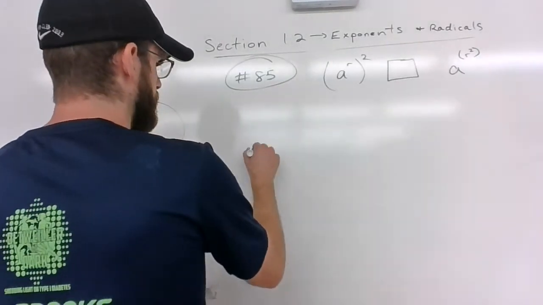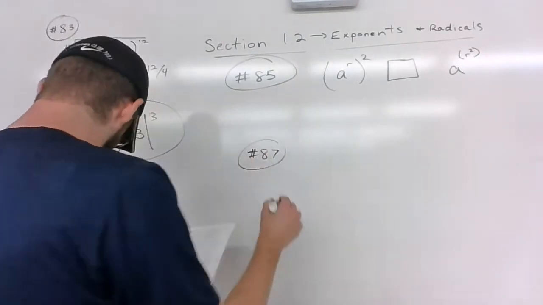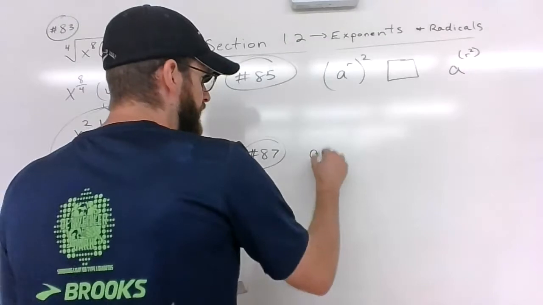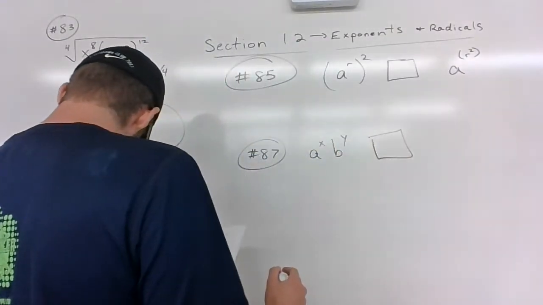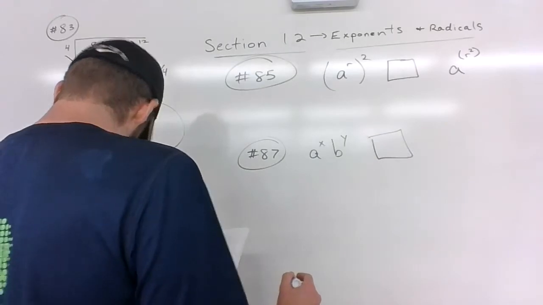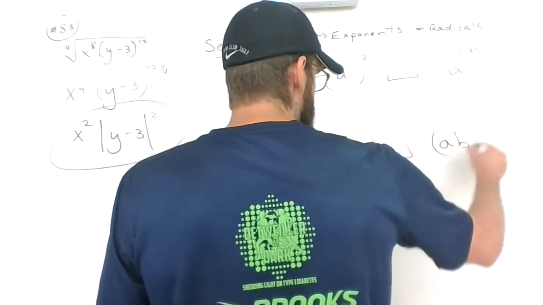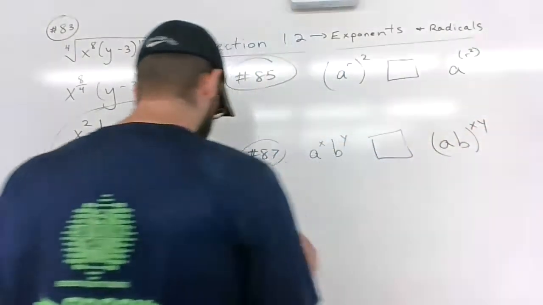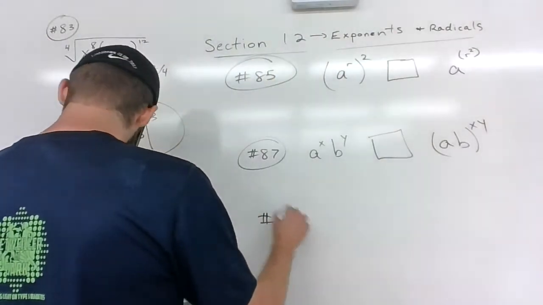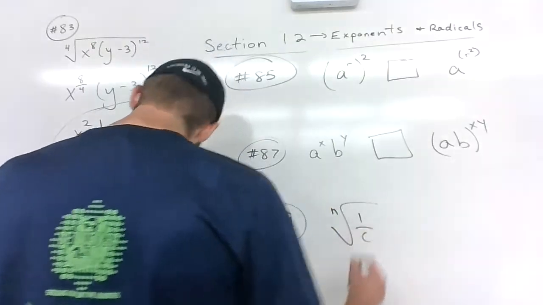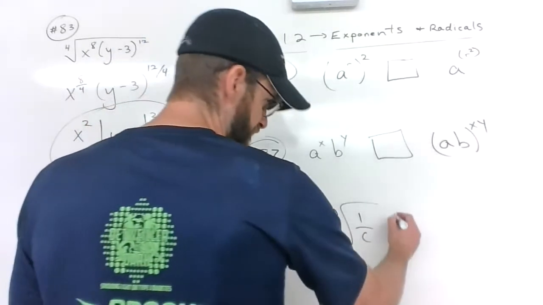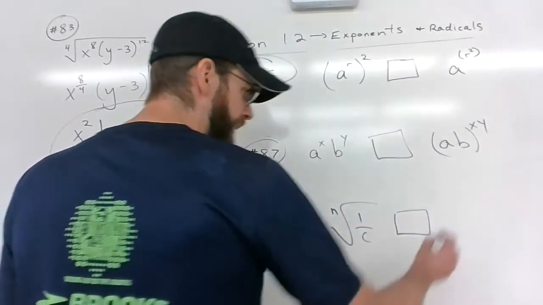And then on 87, we'll just put them all up at once here. A to the x, b to the y. A, b to the x, y. All right, so it's kind of like think-piece type questions where you really have to ponder.